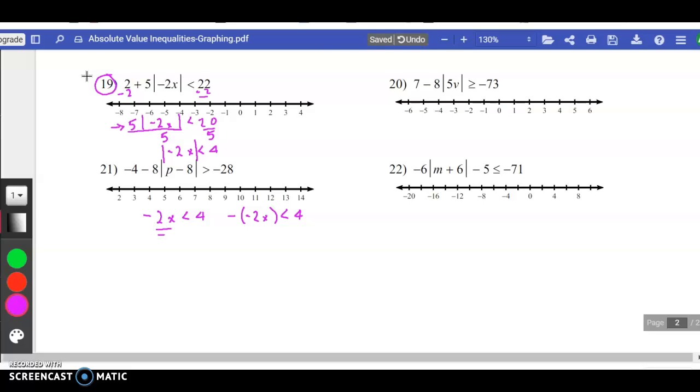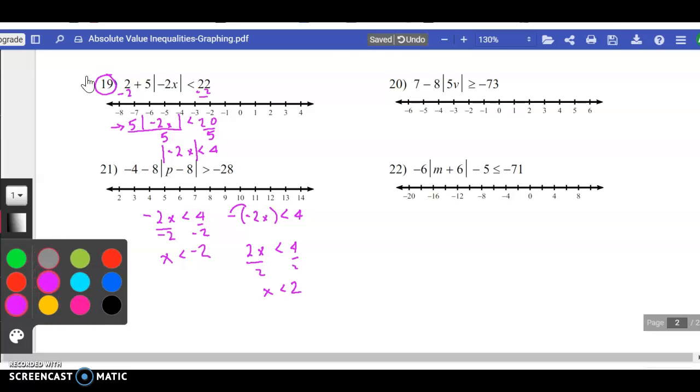So dividing by -2 in this one, I get x is less than -2. Distributing, I have negative times negative is a positive 2x less than 4. Oh, I've got to go back and fix something. Just a second. Dividing by 2, I get x is less than 2.